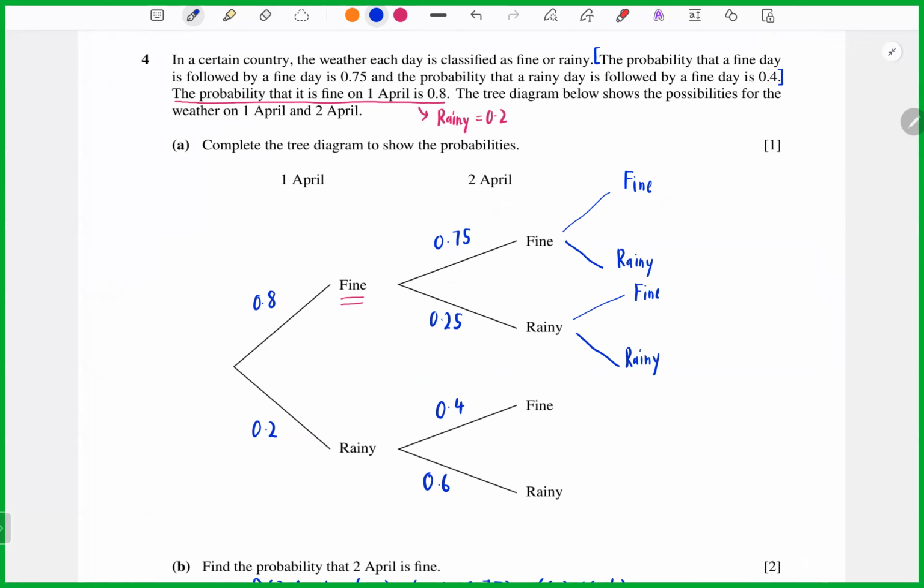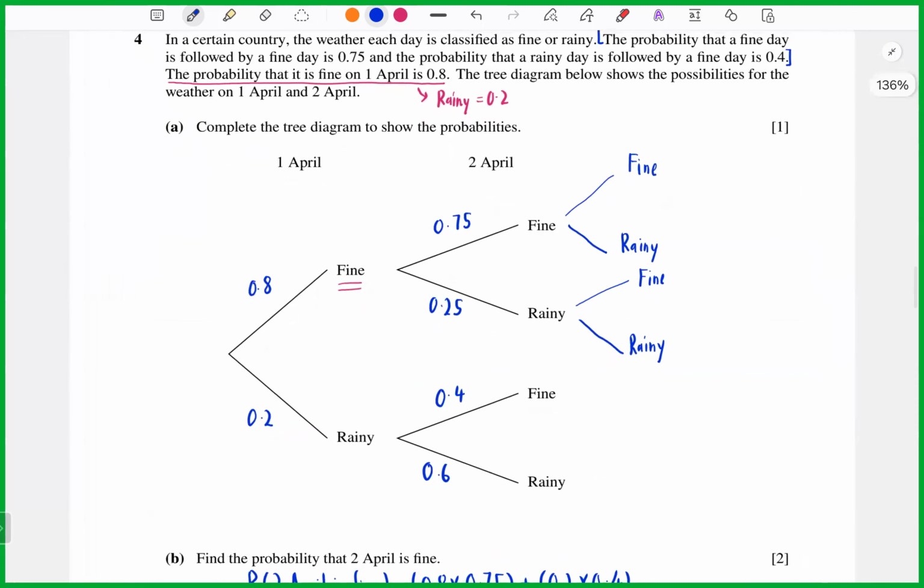Here you will get 0.75, 0.25. And then here is rainy, so you need to write 0.4, 0.6.